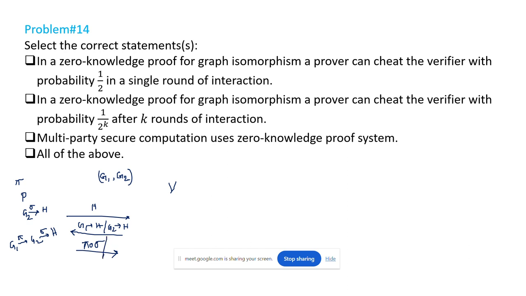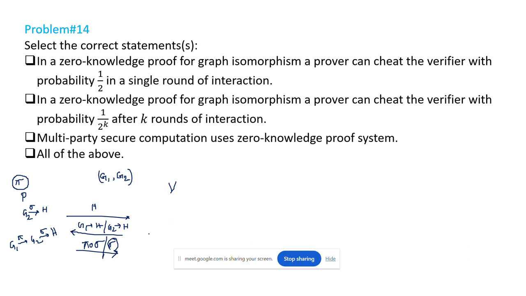So the composition function, pi composed with sigma, is returned. Or if the query is from G2 to H, simply sigma will be returned. Now what you essentially want to keep secret from the verifier as the prover is the information pi. In neither case will the value pi be known to the verifier, because sigma is a random mapping, and if the mapping from G2 to H is asked, then sigma is revealed.